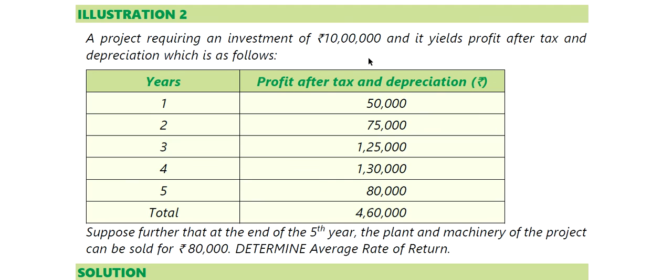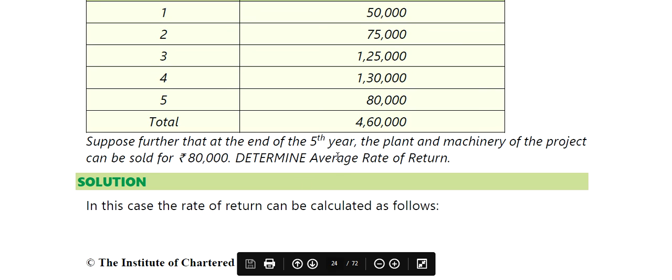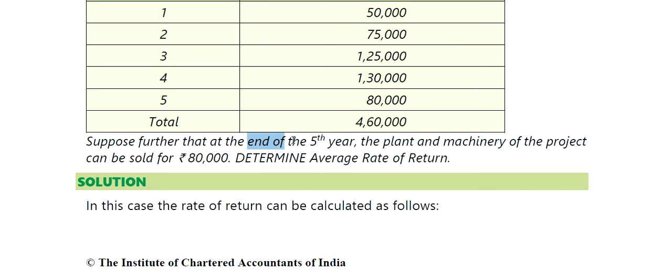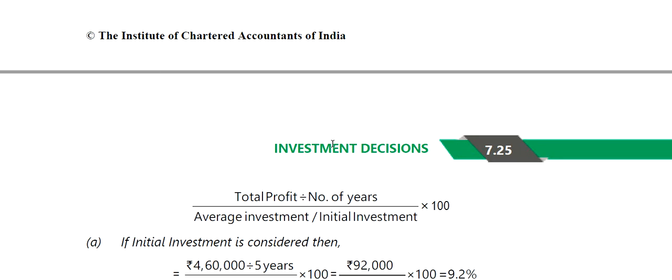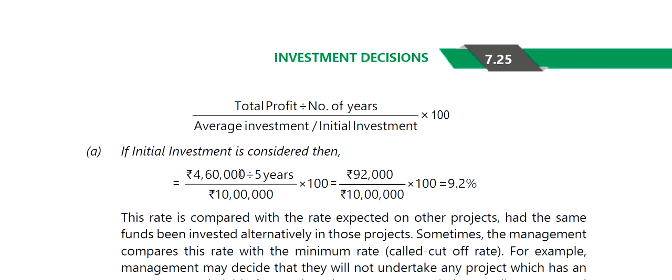Here is one more example. 10 lakh is the investment. These are the profits after tax and depreciation. The lifetime is 5 years, and at the end of the 5th year the asset can be sold for 80,000. So total profit is 4,60,000, divided by 5, divided by the initial investment of 10 lakh, into 100.